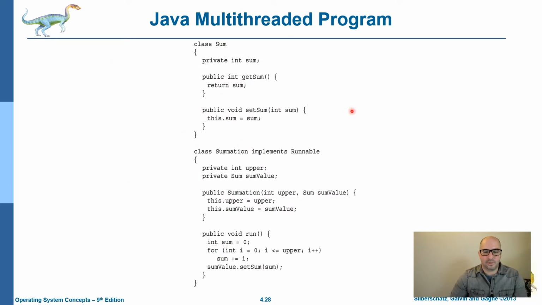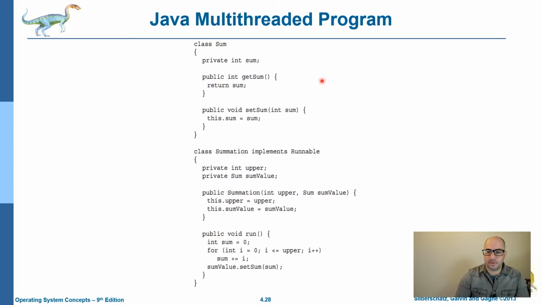So the example for this one is a little bit more complicated, and it's divided into 3 classes. In the previous 2 examples, the sum variable was shared between the 2 threads. Here, in Java, we don't share information between threads. Information is isolated because of the object-oriented paradigm.